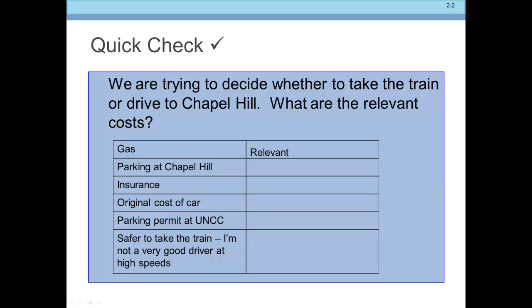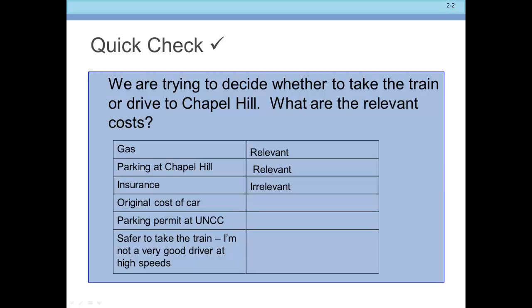We only have gas costs if we drive. Right. What about parking at Chapel Hill? Relevant again. We only have parking costs if we drive. Sure. And how about the insurance? I don't think those are relevant because we would have insurance costs whether we drove or rode the train.